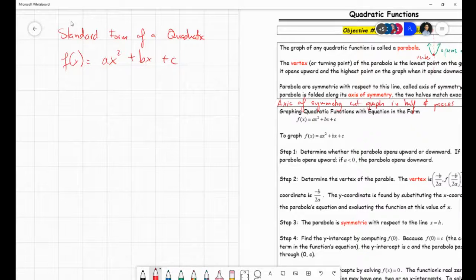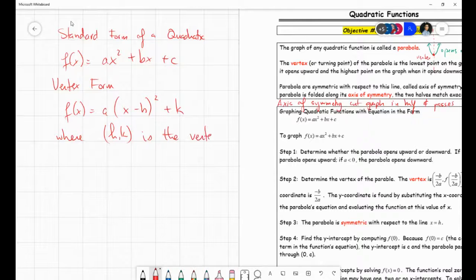So now we're going to look at what's called vertex form. Okay, and then we're going to look at how to convert from standard form to vertex form. Vertex form looks like this, where (h, k) is the vertex. So that's the coordinate of the vertex.